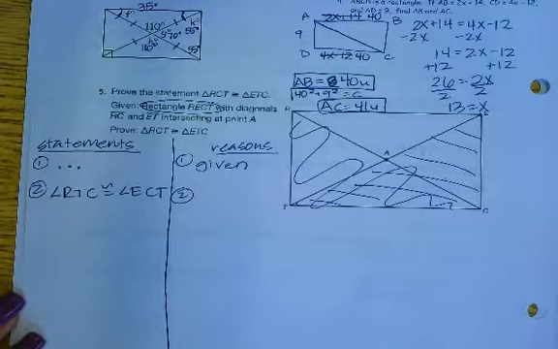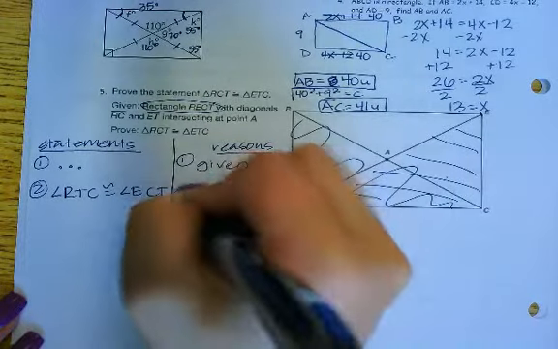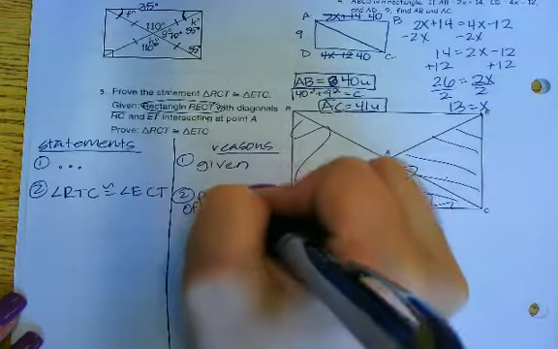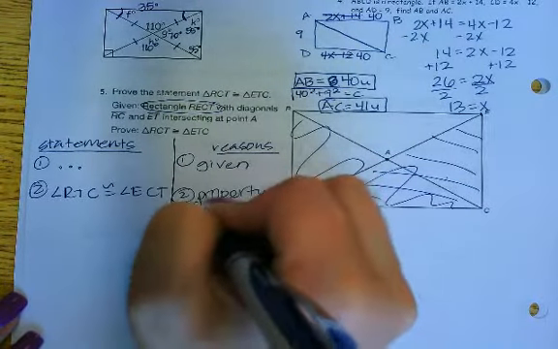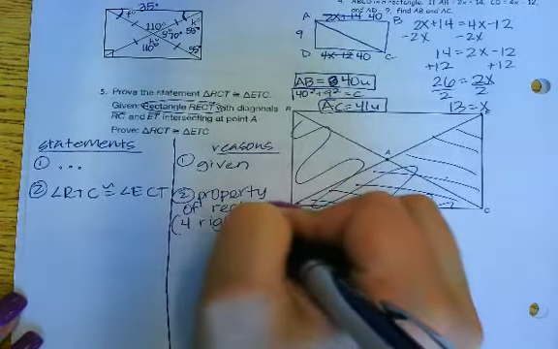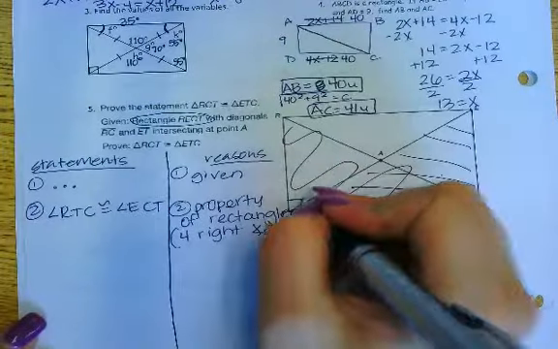Property of rectangles. So having 4 right angles. Okay, so we have an angle that is congruent in both. What else?